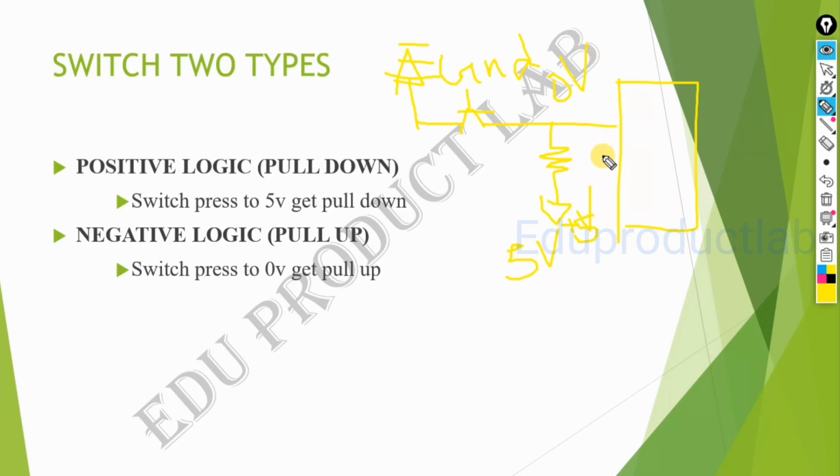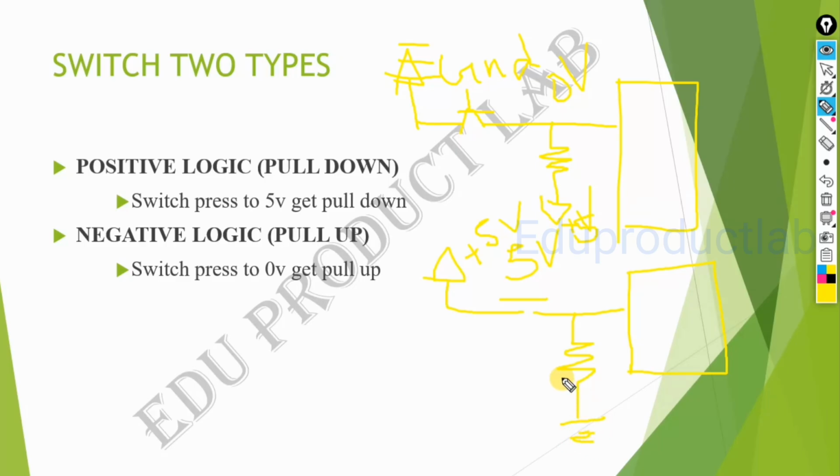Pull down circuit: this is the opposite. A pull down resistor is connected to ground. So here I will draw the pull down concept. This is my microcontroller. Here I will connect one switch. One end of the switch I connected to plus 5 volt. Then between the microcontroller and the switch I connected one resistor, and this resistor I connected to ground.